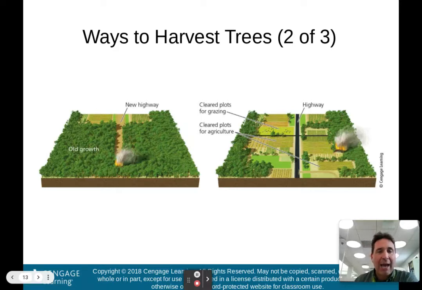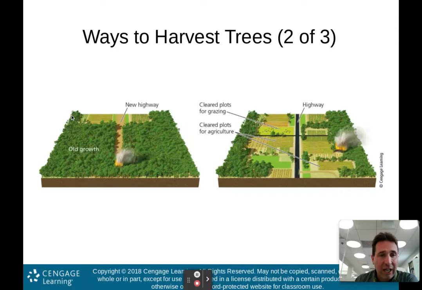But unfortunately, the first step is building those logging roads, and those logging roads lead to not only getting technology into the forest to cut the trees down, but they also lead to fragmentation, destruction, and degradation of the forest ecosystem.